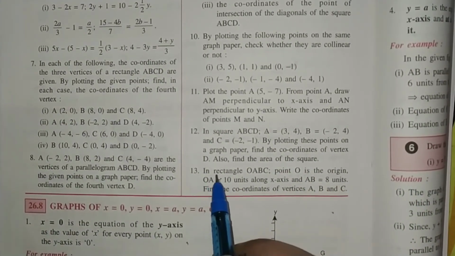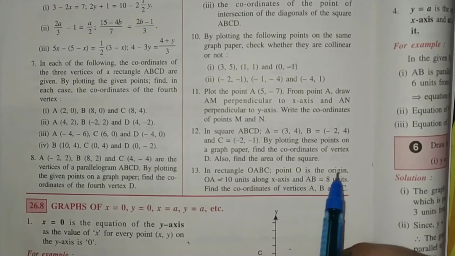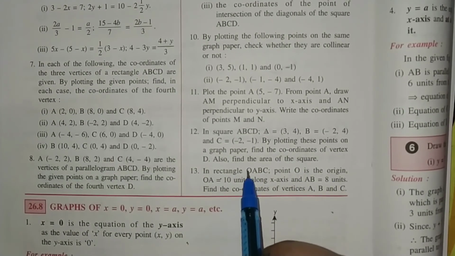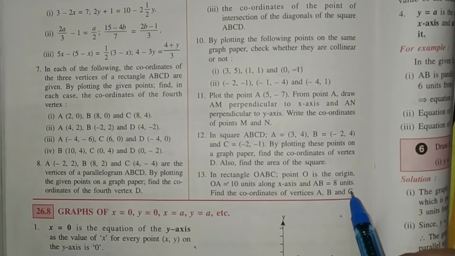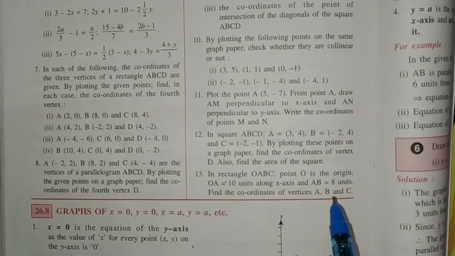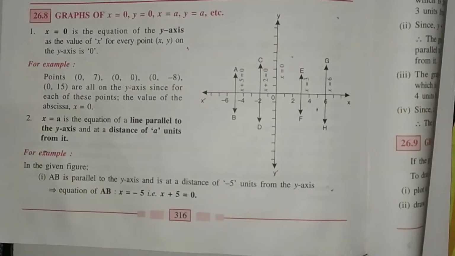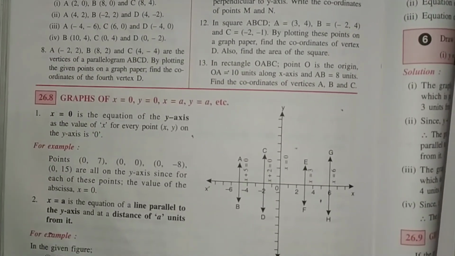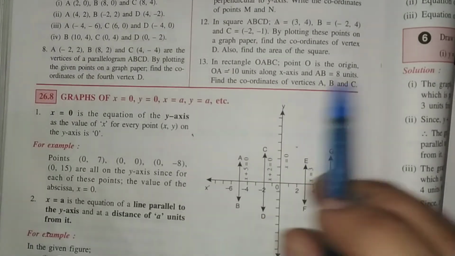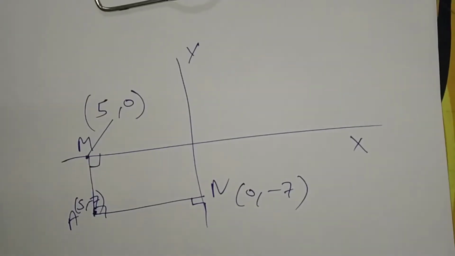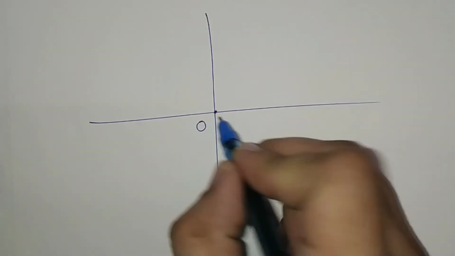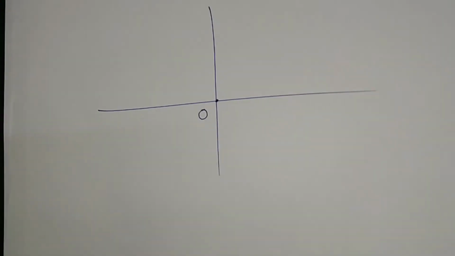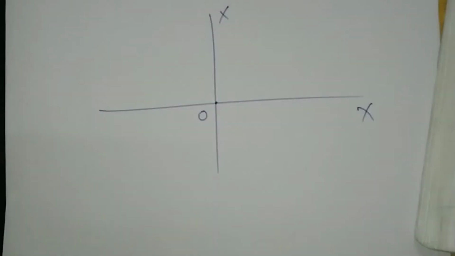In the 13th question, a rectangle OABC, point O is the origin, that is (0, 0). OA is 10 units along the x-axis, AB is 8 units. Find the coordinates of vertices A, B, C. Okay. So in this question number 13, O is your origin. For example, this is your origin, this is point O, and they are saying this is your x-axis, y-axis.